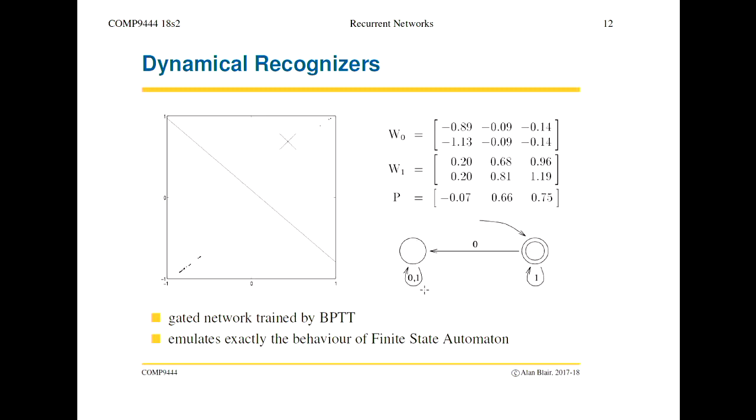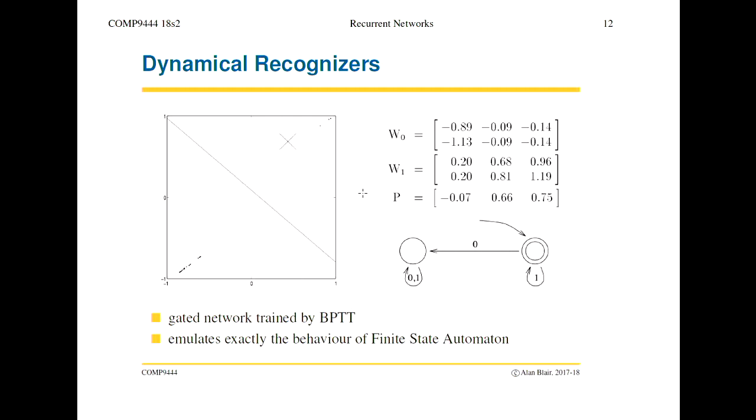And from that state, whether you see a 0 or a 1, you go into that same state. The double ring means that if you end up on a state with a double ring at the end, the string is accepted, and if it's a single ring, the string is rejected. So this is a very simple example of a finite state machine. In effect, this is heaven and that's hell: once you've gone there, there's no coming back.